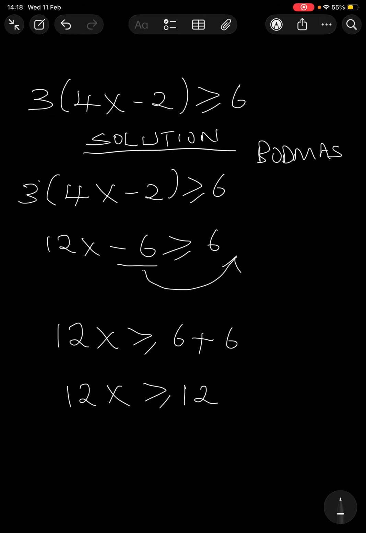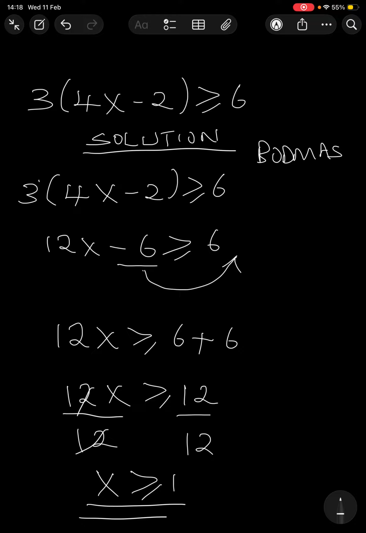Make x the subject, so divide both sides by 12. As you can see, x is greater or equal to 12 divided by 12, which is 1. And this is our final answer.